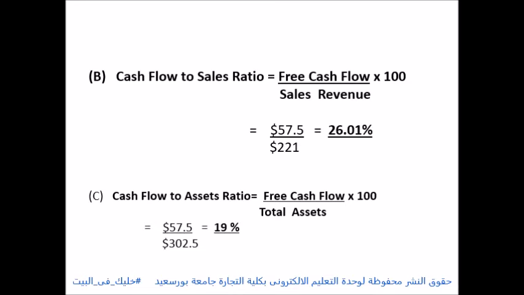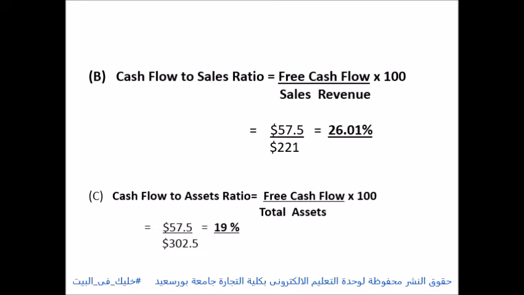It means for each $100 of assets of the company, there is a free cash flow available of $57.50.